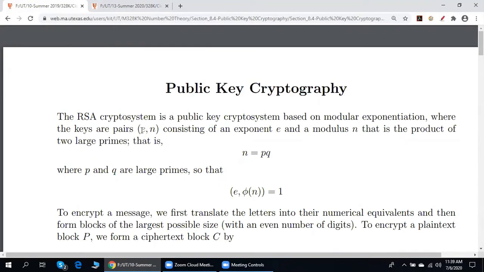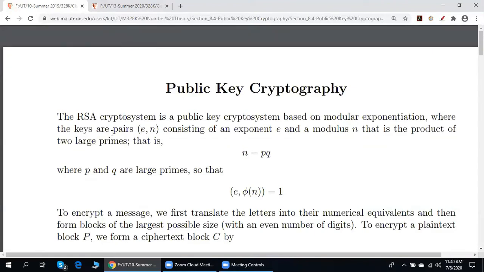If I give this pair of numbers to all students, each student will be able to encrypt his or her own plain text. However, nobody will be able to decrypt anybody else's cipher text.